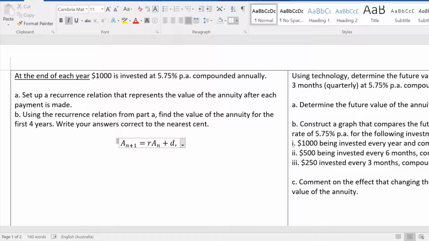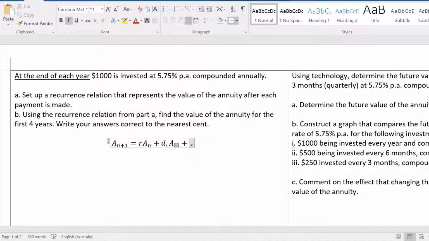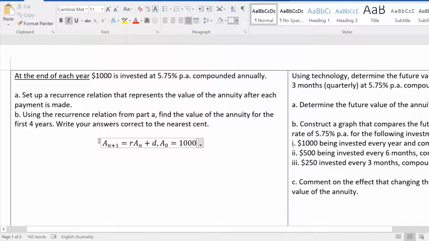In this case, they're depositing $1,000 every year as their payment. So I would say A0, the very starting amount, is going to be $1,000. And the common difference is equal to $1,000 as well.